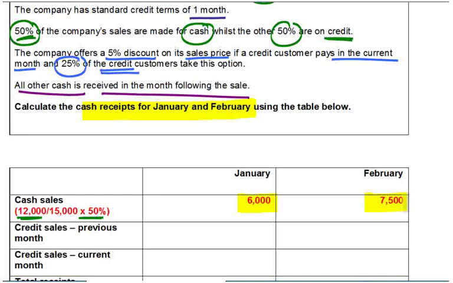Next step then, I'll have a look and see what we're doing with our credit sales. Now, most complicated is the ones with the discount, so I'm going to do those last. I'm going to deal with, first of all, the rest of this cash which is received in the month following sale.